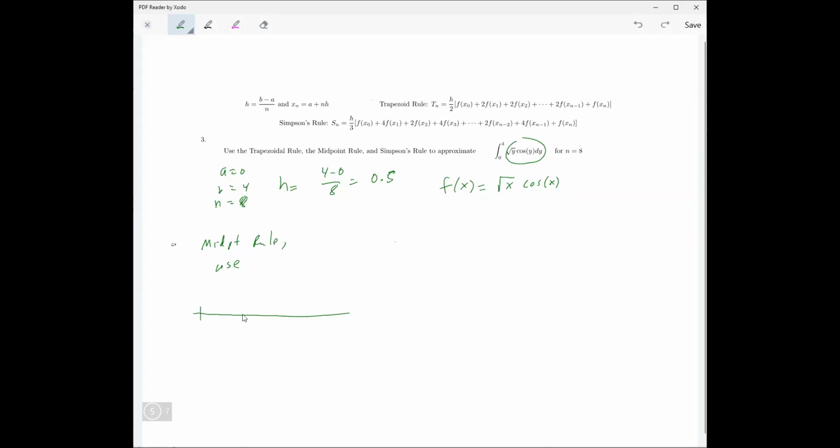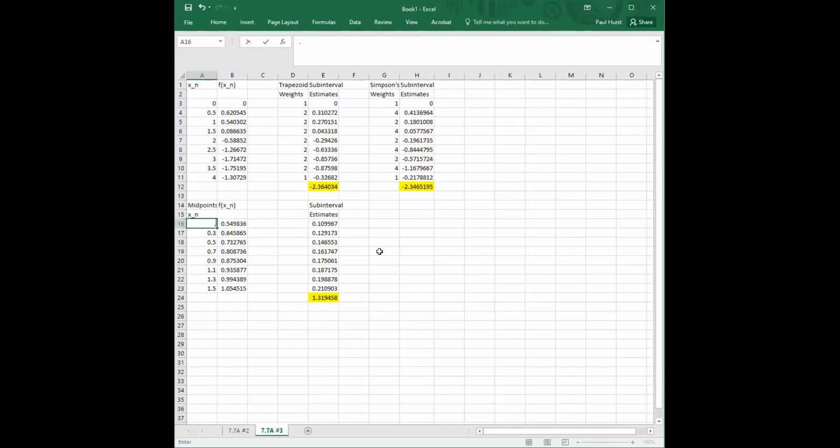So from 0 to 0.5 would be 0.25. So we use 0.25, and then the next interval is 0.75, and then 1.25, and so on. So 0.25, 0.75, 1.25, 1.75, 2.25, 2.75, 3.25 and 3.75.